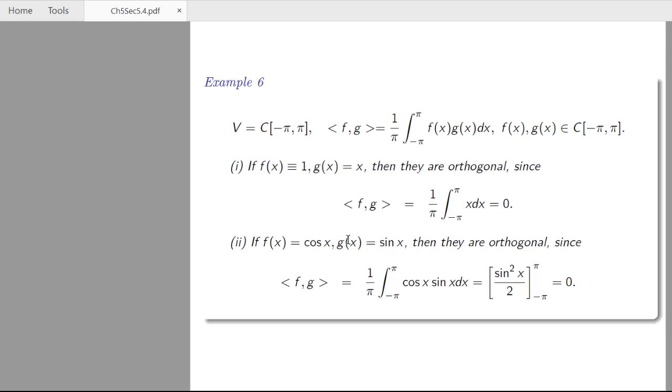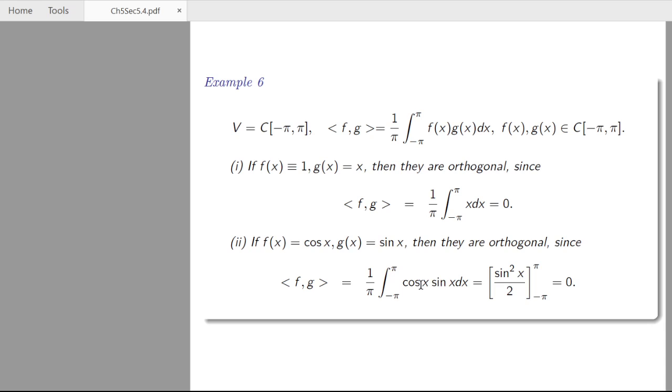In the second example, we take f of x equal to cosine x and g of x equal to sine x. Then we can say these two functions are orthogonal to each other. The reason is their inner product equals 1 over pi times the integral from negative pi to pi of cosine x times sine x.